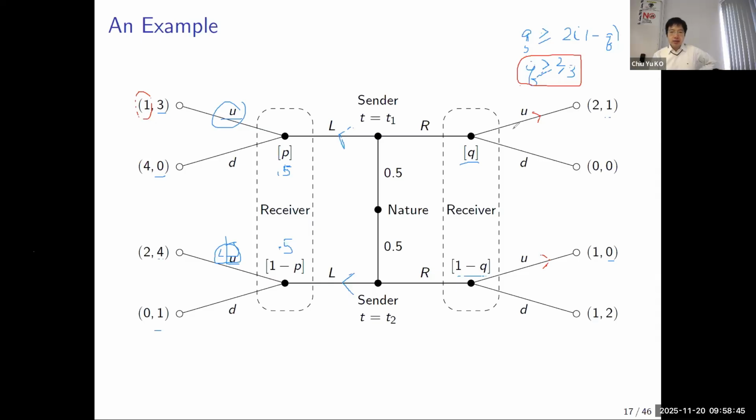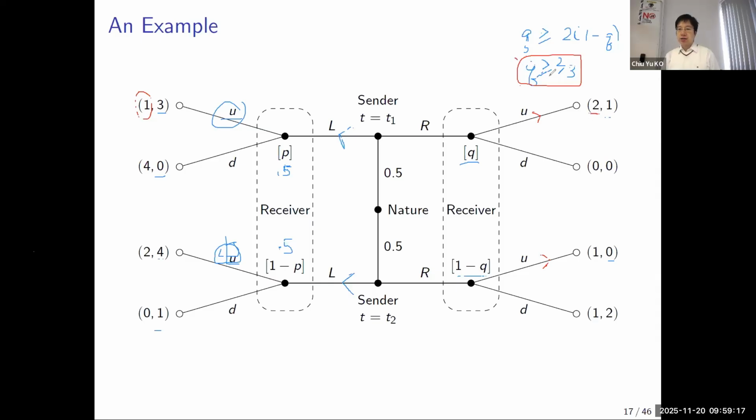And if he deviates, if he pretends to be sending R, he will get the treatment of 2, which is better. So he would not actually go with L, he would send R, and he would be thought at least 2/3 of the time to be type 1, and then he will get the favorable treatment U. So that's why it's not an equilibrium.